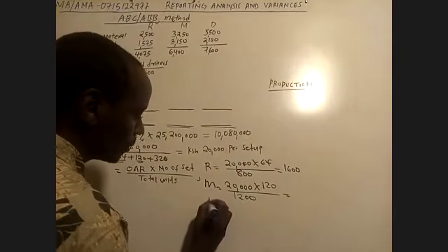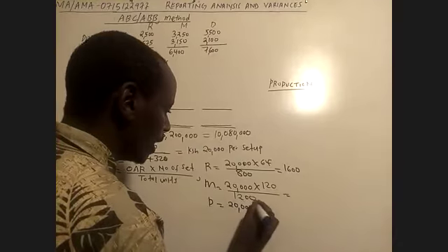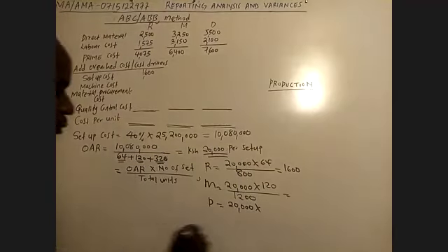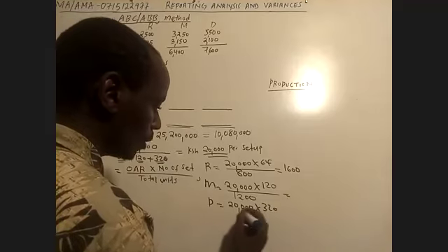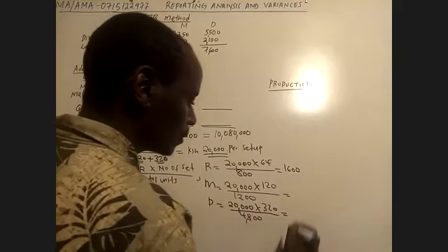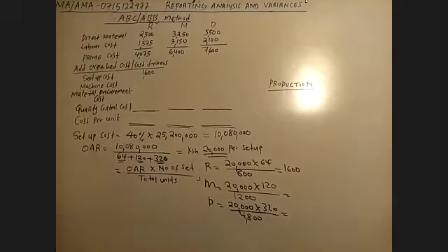Then under D, our OAR is 20,000. We multiply with the number of setup, which is 320, divided with the total number of units, which was 4,800.